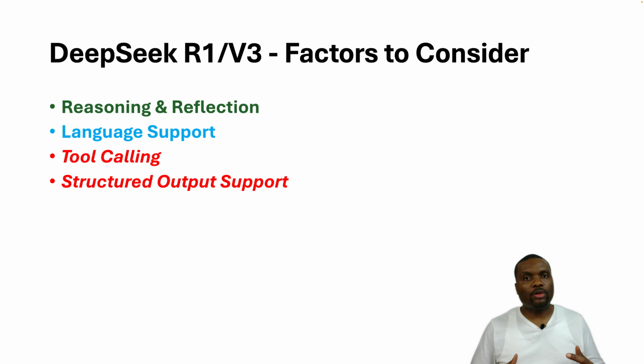So if you still need to use DeepSeek to generate the output, you're going to have to bring in a different language model and incur additional costs and setup to parse the output from DeepSeek into the preferred or the expected data structure to make this work. On its own, DeepSeek does not support this.